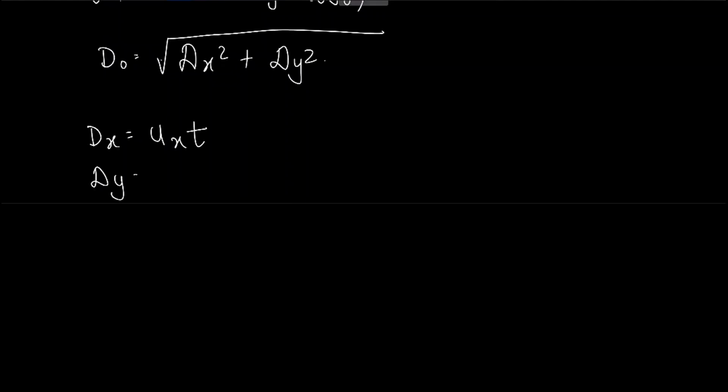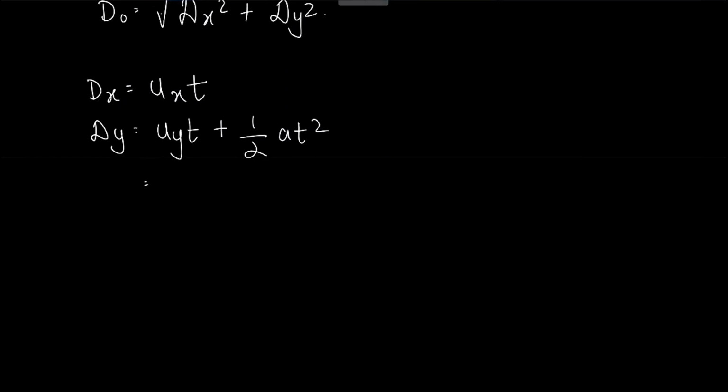And dy, from s equals ut plus half at squared, is going to be uy t plus half a t squared. Since acceleration is negative g, we just write minus half g t squared.